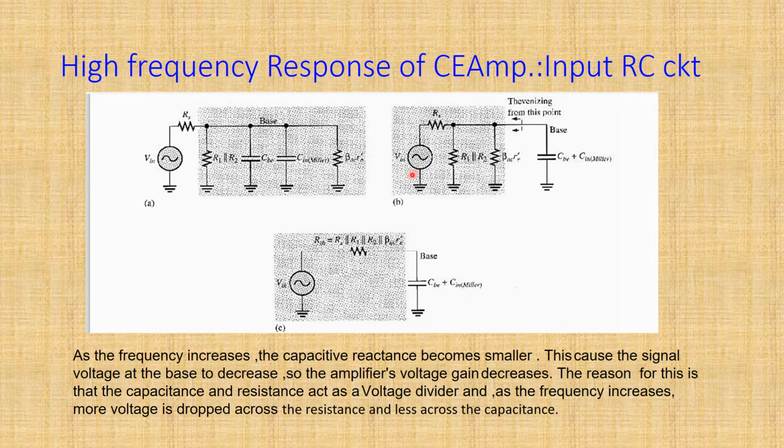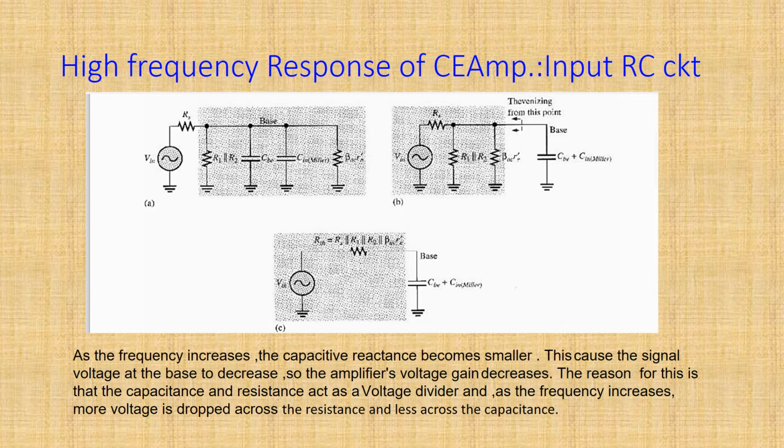Here we are going to calculate the higher cutoff frequency at the input due to CBE and C in Miller. C out Miller at the output is directly equal to CBC since the voltage gain is unity, or 1.